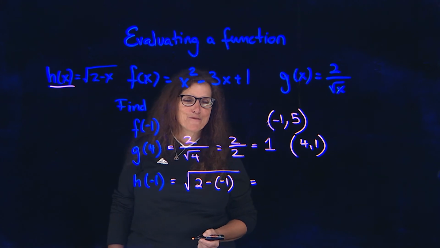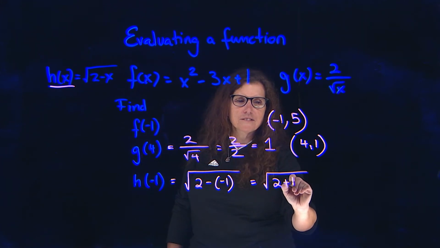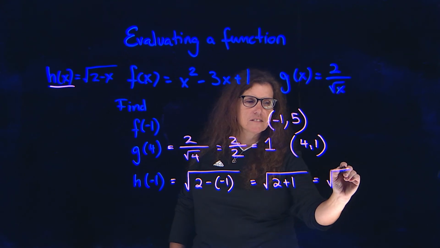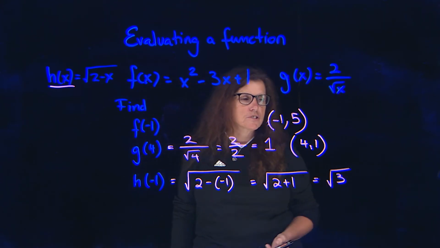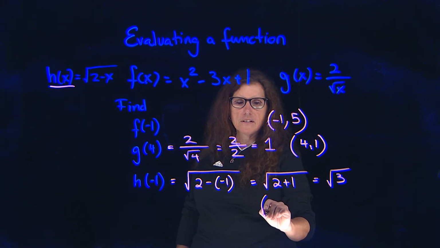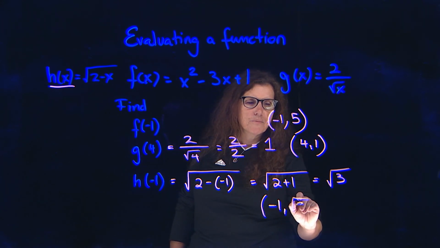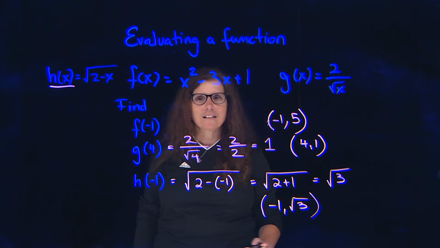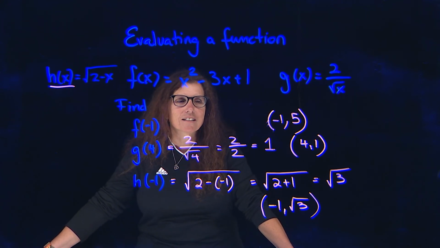If you simplify it, that is 2 plus 1, and that gives us the square root of 3. Please no decimals. We're just going to leave it as the square root of 3. And our ordered pair in this case would be negative 1 comma square root of 3. And that's how you evaluate functions at certain x values.